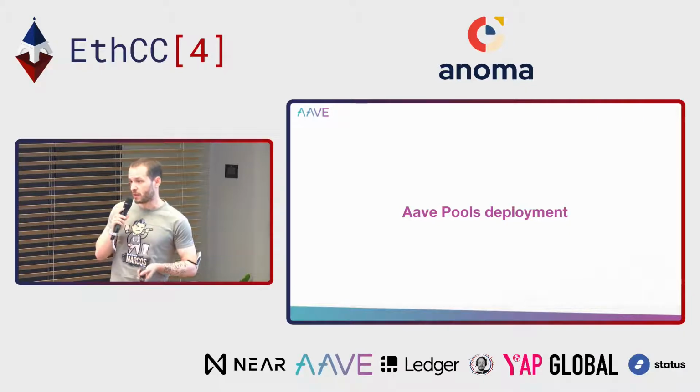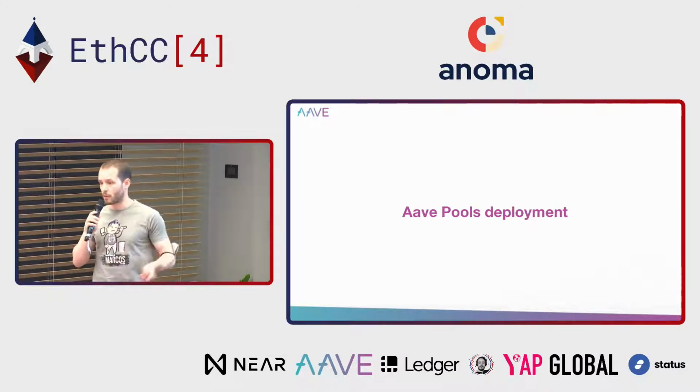I will start by giving an overview of how the deployment of an Aave market works. Probably almost all of you are familiar with V2 of Aave that is deployed on mainnet. It's the biggest Aave market, but we also have Polygon that is also quite big, and the AMM market that is also on Ethereum L1 with a bit different assets.